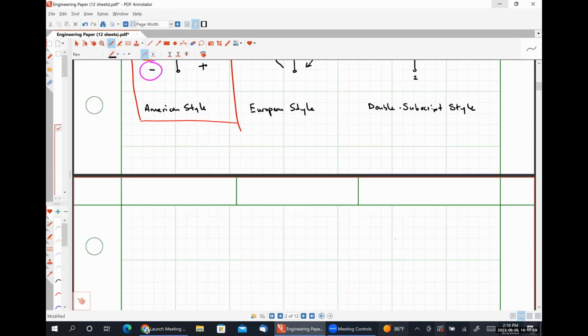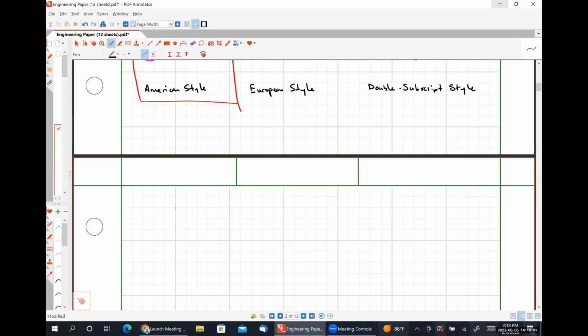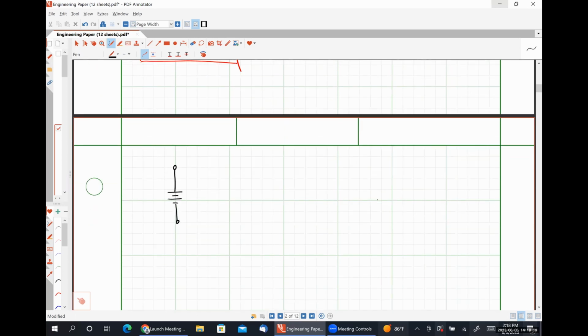So I'm going to start with a battery, which you all have likely seen the schematic symbol of before. So this is the schematic symbol for a battery. Technically speaking, this is the schematic symbol for a multi-cell battery. If it only has one long bar and one short bar, that would be for a single cell battery.